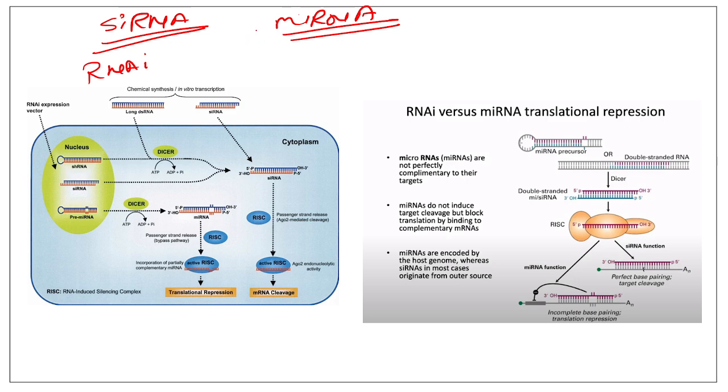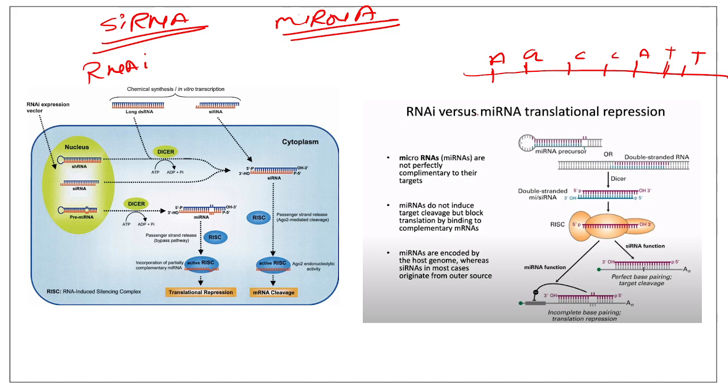What is that difference? Suppose this is the target: A, G, C, C, A, T, T. For a non-coding RNA to come and repress a particular gene, it has to first go and bind to it. Now miRNA will not base pair with it perfectly.